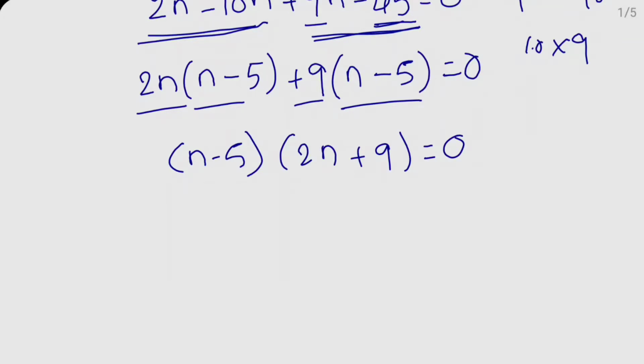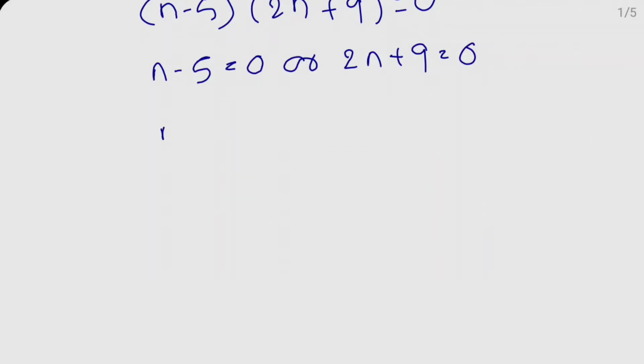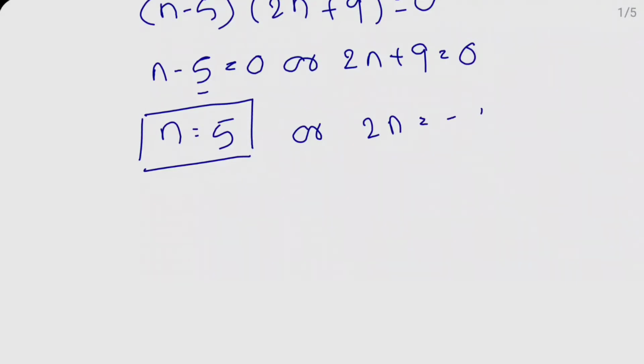So now this one we can write n minus 5 equal to 0 or 2n plus 9 equal to 0. And now here n equal to 5, this 5 comes to the RHS side, it becomes plus, or so here 2n equal to minus 9. This 9 comes to the RHS side, it becomes minus, and n equal to minus 9 by 2.